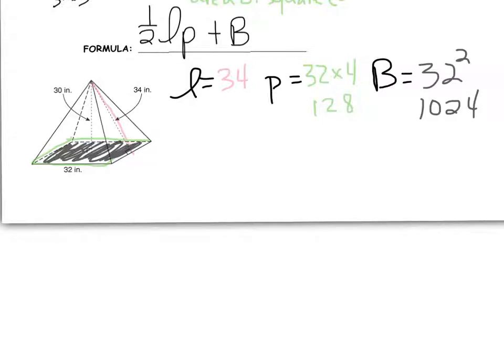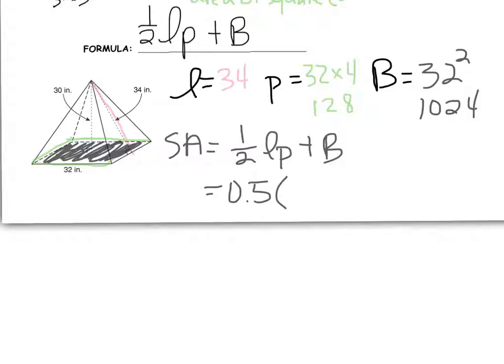Now we're going to plug into our formula. Surface area equals 1/2 the slant height times the perimeter plus the base. So we're going to change 1/2 to 0.5. Our slant height is 34. Our perimeter of the square is 128. And then the area of the square is 1,024.